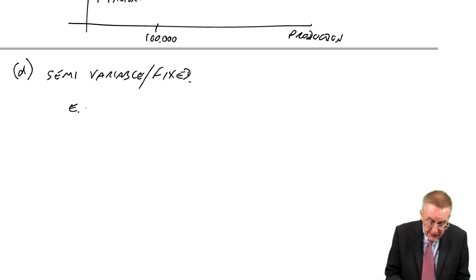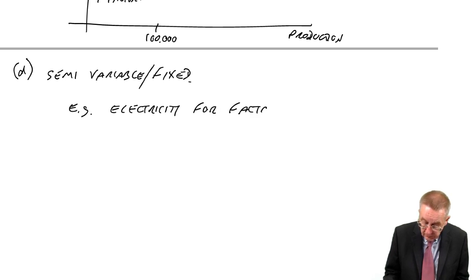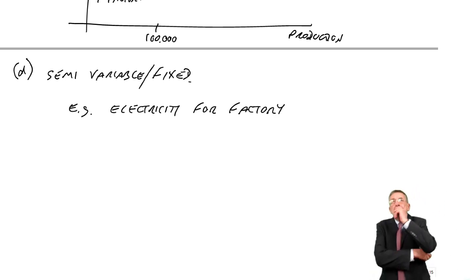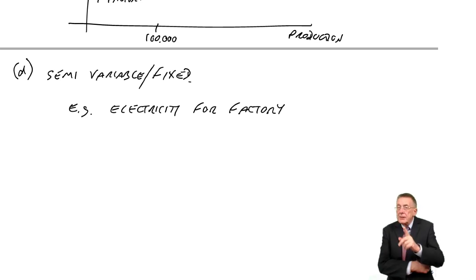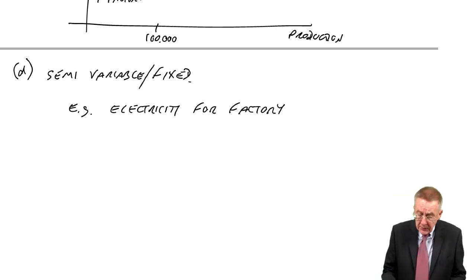For instance, electricity for the factory. Maybe we get 1 electricity bill each month. But what we're using electricity for, we're using it for 2 things. We're using it to power the machines.